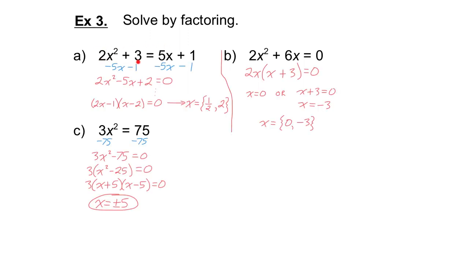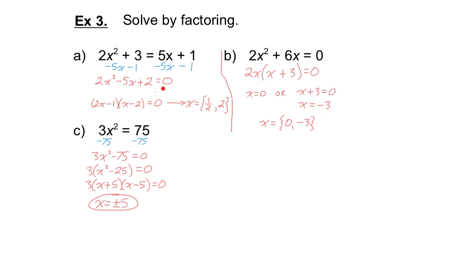To make this equation equal to 0, I'm going to subtract 5x and subtract 1 from the right-hand side. 5x minus 5x is 0, plus 1 minus 1 is 0. I do the same change on the other side. 2x squared minus 5x, and then plus 3 minus 1 simplifies to plus 2. So this is my equation equal to 0.